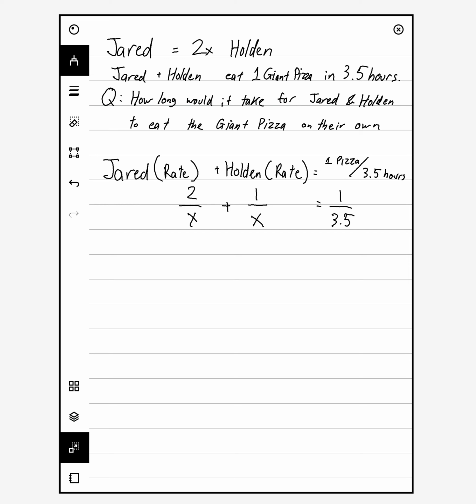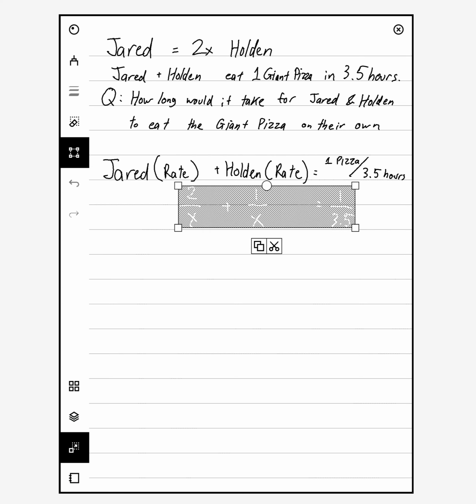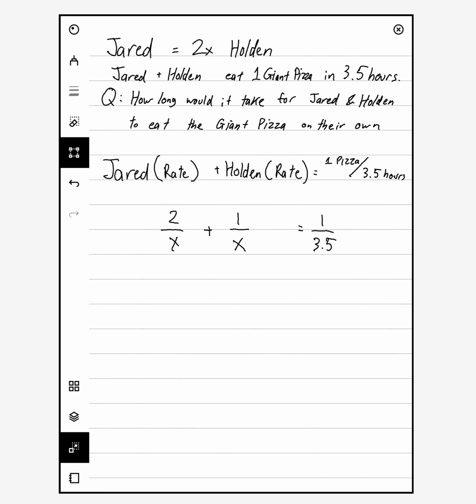So the first thing to do is not even try and put together an equation. Let's just figure out some way to mentally represent what's going on. So we have Jared eating at whatever rate he is eating, and we have Holden eating at whatever rate he is eating.